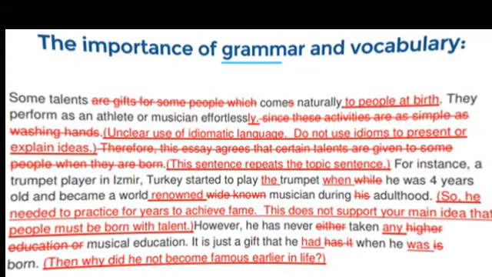You shouldn't be using idiomatic language anyway in your task 2 writing, but not only have they used them inappropriately, they haven't really used them accurately either. So what happens is when you have lots of grammar mistakes, lots of vocabulary mistakes like this person has, it makes it extremely difficult to understand what this person is trying to say.